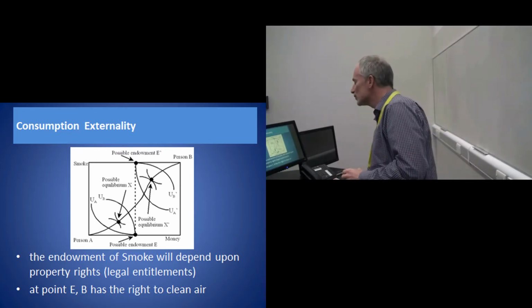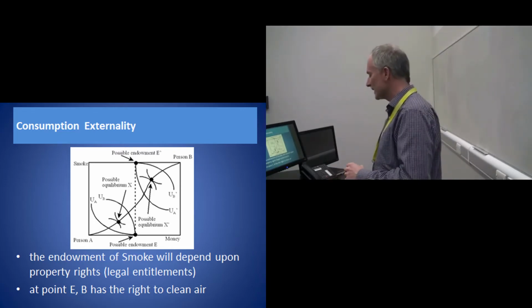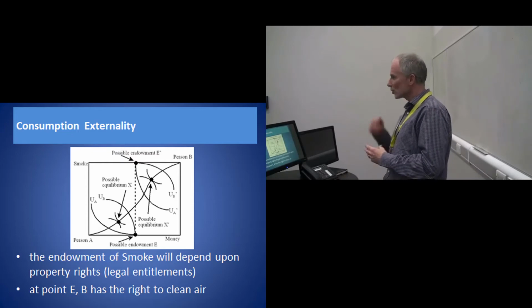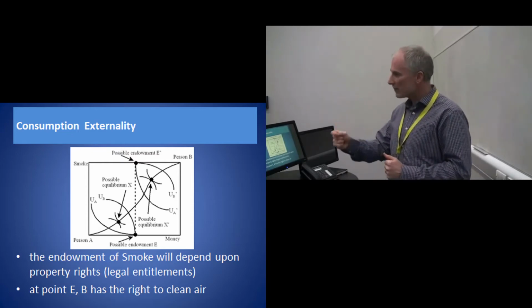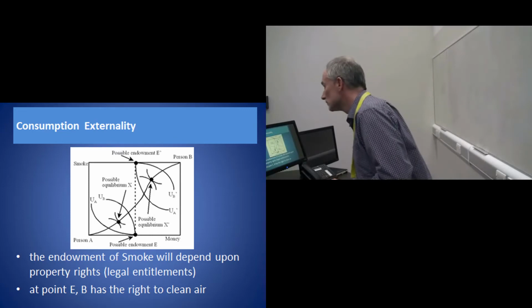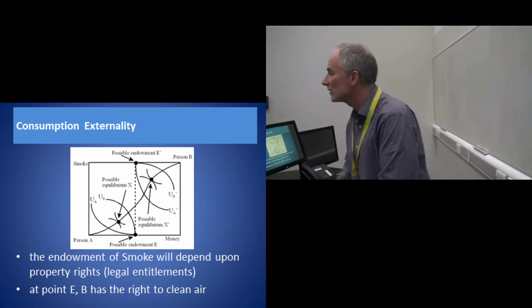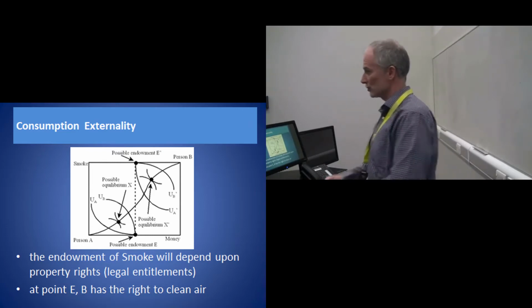So let's say that the roommates did start at that endowment point E. Question is, would they be happy to stay there? Or, relatedly, is that an efficient point? Is it a Pareto efficient point?